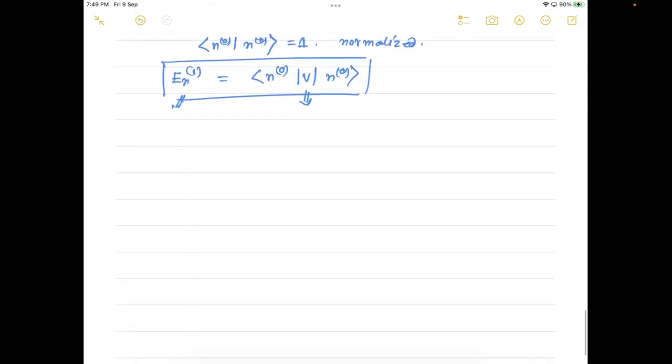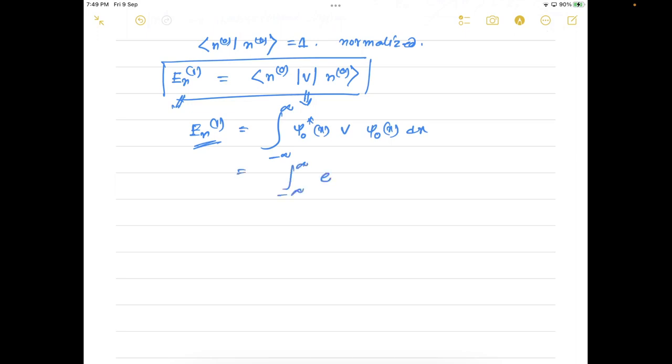So let's just compute En1. This is the first order correction. So En1, that means this Dirac bracket notation means integration of psi 0 star of x multiplied by V, then psi 0 of x, dx, from minus infinity to infinity.